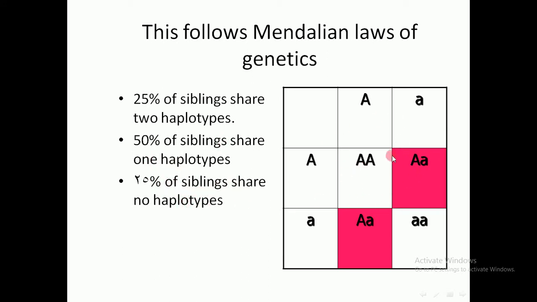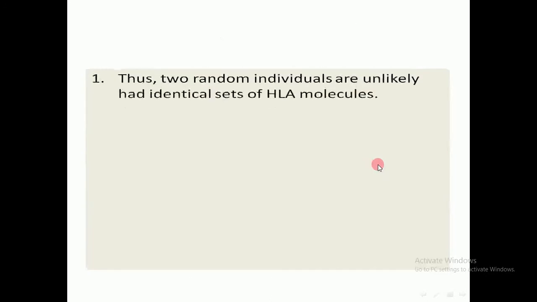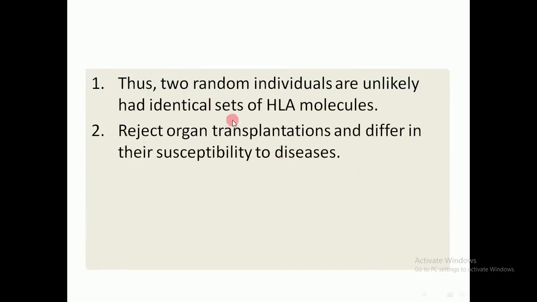This is Mendelian law. Thus, 2 random individuals are unlikely to have an identical set of HLA molecules. So each one of us, the HLA typing of him is not similar to another person. So they reject organ transplantation and differ in their susceptibility to disease.